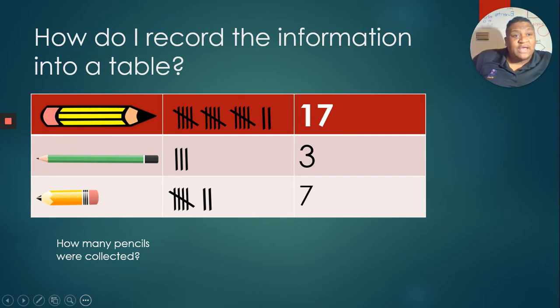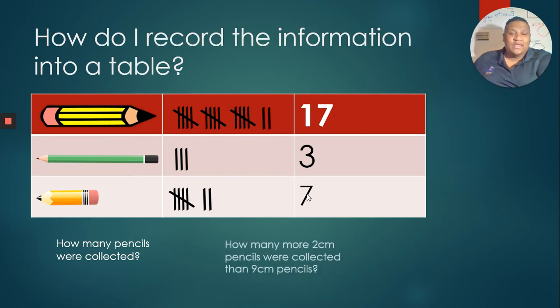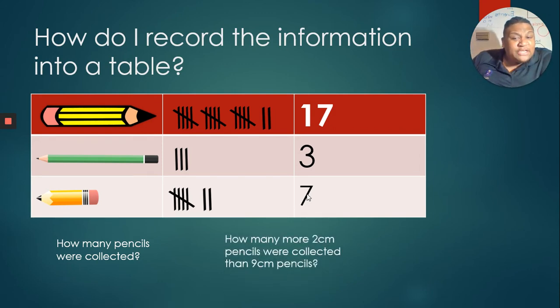So, if you counted and you said that there were 27 pencils collected, you are absolutely correct. That is how we interpret the information. Once we asked how many pencils were collected, we went to 17 plus 3 plus 7, and that gave us a total of 27.